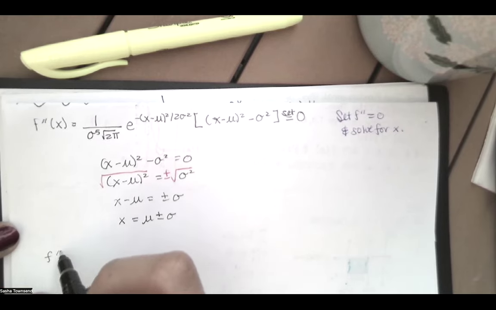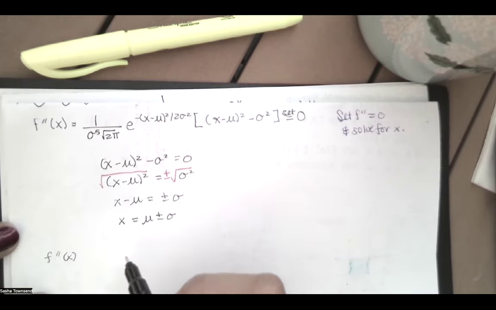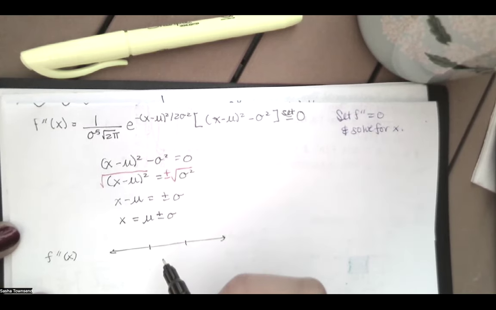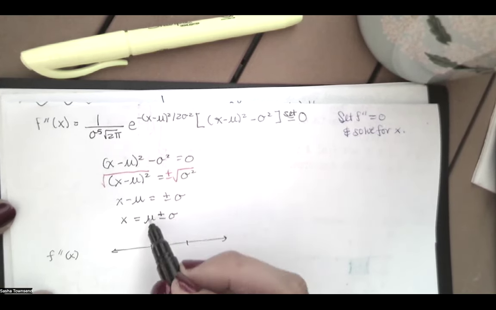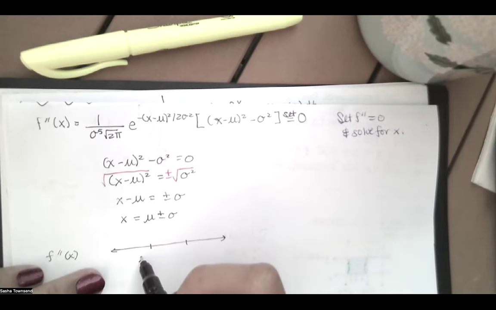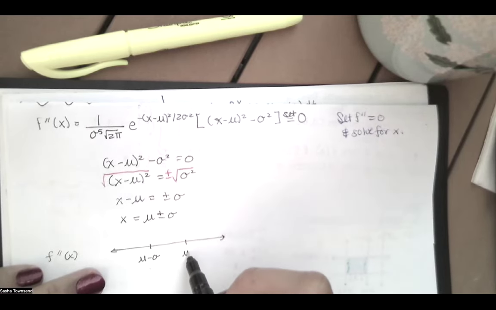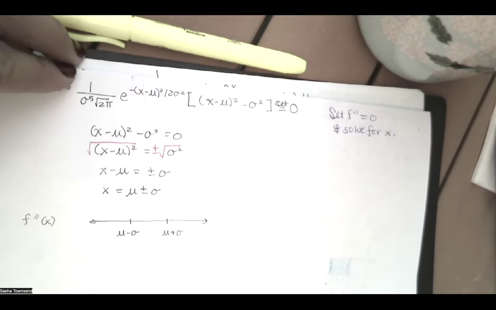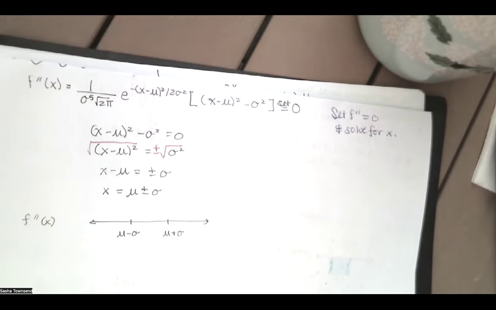So if we are interested in the sign of f double prime, we're interested in it on 3 intervals. And those intervals are separated by these two x values. So we have the mean minus the standard deviation and the mean plus the standard deviation. Or if you prefer, you can use the Greek letters, mu minus sigma and mu plus sigma.